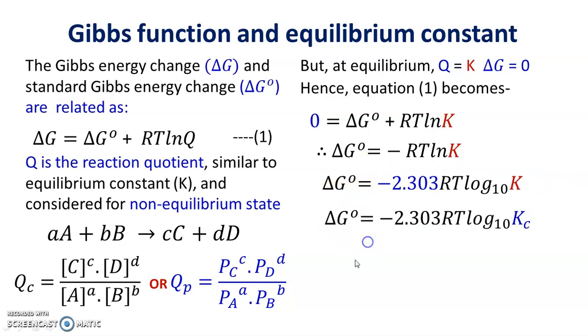So this equation can be written as delta G0 is equal to minus 2.303 RT log to the base 10 Kc, or delta G0 is equal to minus 2.303 RT log to the base 10 Kp. Here Kc and Kp are the equilibrium constants. Delta G0 is the standard Gibbs free energy. R is gas constant and T is the absolute temperature.